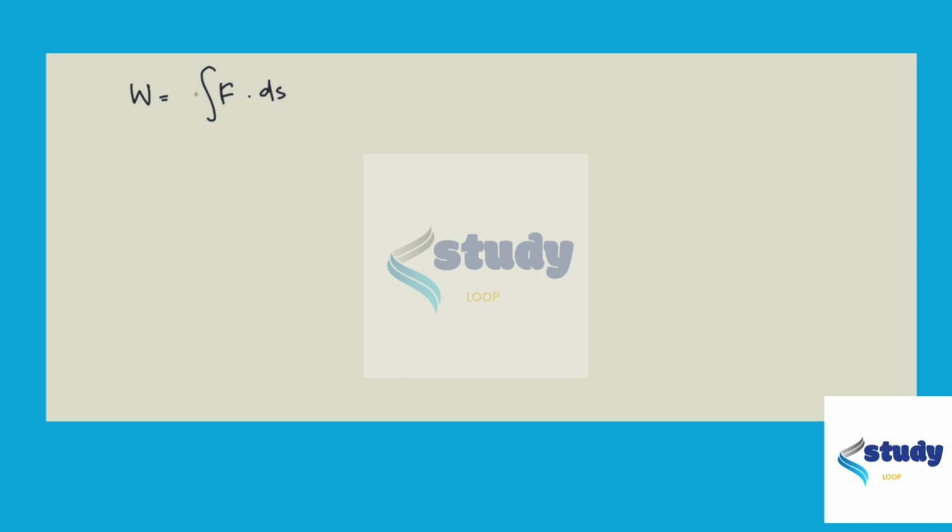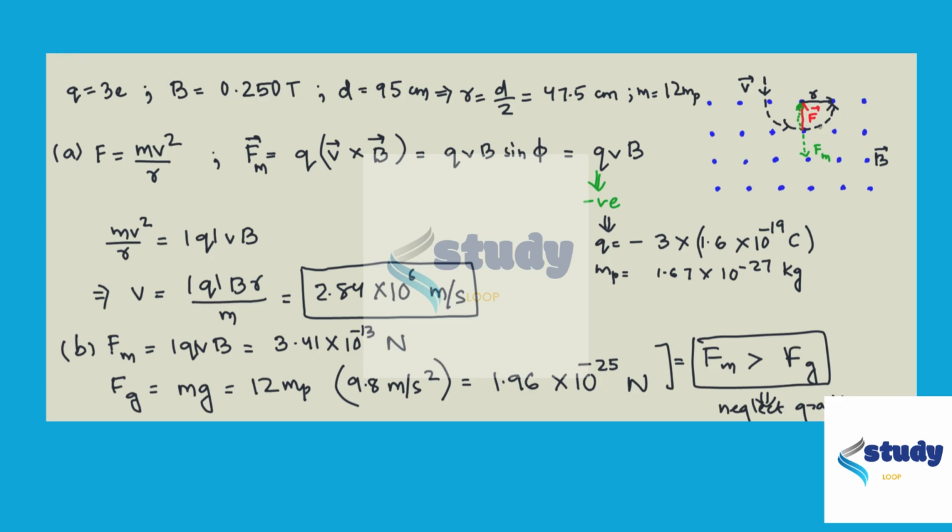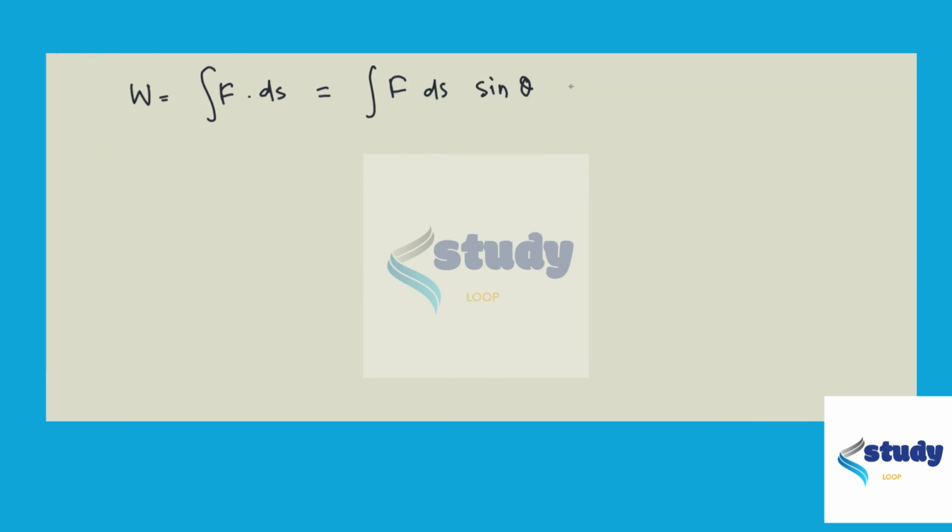This will be equal to F times ds sine theta, where theta is the angle between force and the displacement. Here the particle is moving along this direction, and the force is always perpendicular to the displacement. That means work is 0, and therefore the particle moves with constant speed.